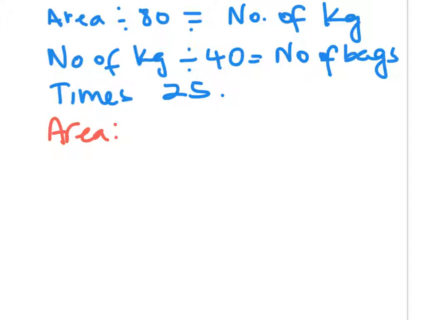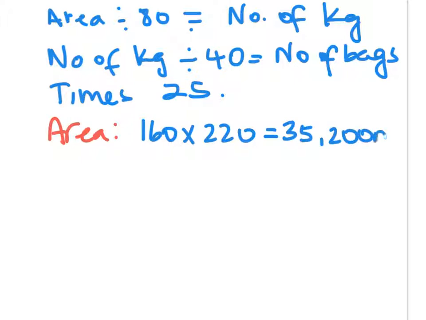So the area is 160 times 220, which can be plugged into the calculator really quickly. 160 times 220 equals 35,200 meters squared. Right. Now, we know that 1 kilo covers 80 meters squared. So how many 80 meters squared are there in this?